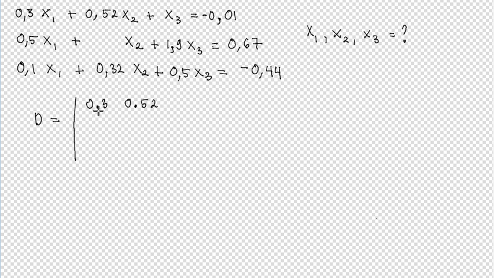If I use a dot, it means it's decimal. If I use a comma, it's also decimal. This is 0.5, 1, 1.9, 0.1, this is 0.3 and 0.5.